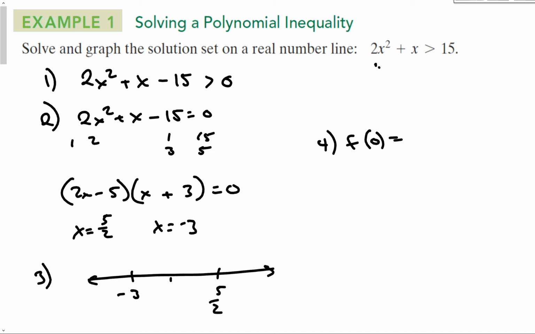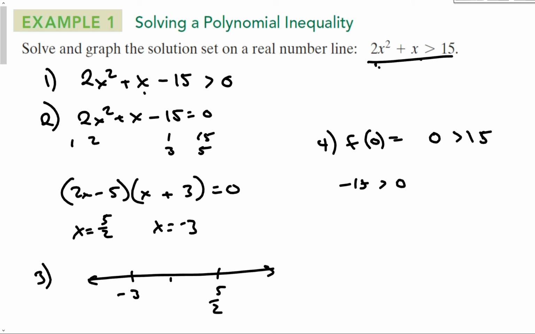So if I plug 0 into this function, it would say 0 is greater than 15 in my original inequality, or if I plug it in over here, it would say negative 15 is greater than 0.